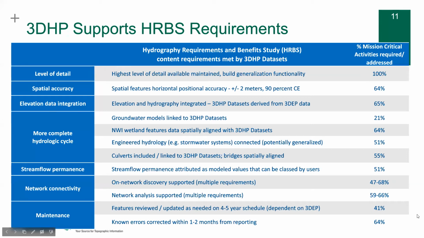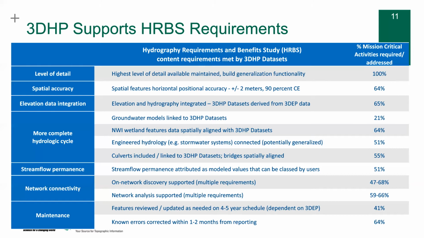As Sue mentioned, much of this is driven by what we learned in the hydrography requirements and benefits study. The most important item there was that we'd be able to retain the highest level of detail available, but also build generalizations so that people doing analyses at regional and continental scales could still use the data effectively, even if it does include every roadside ditch.